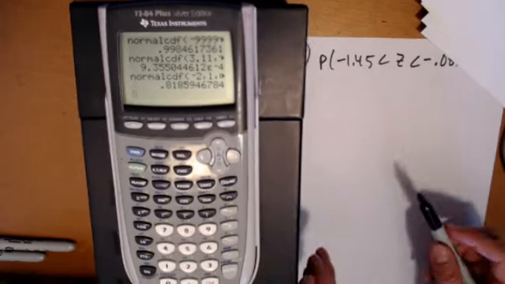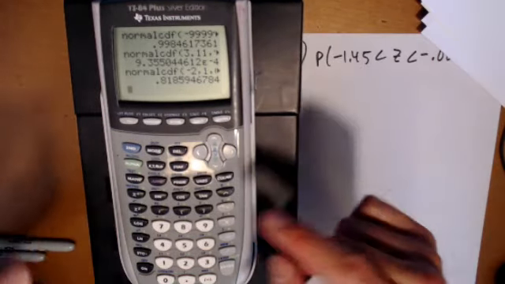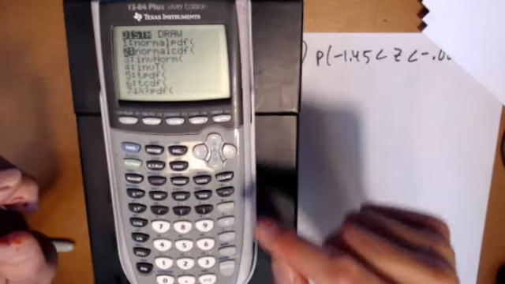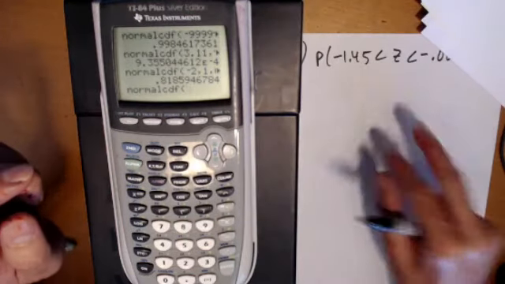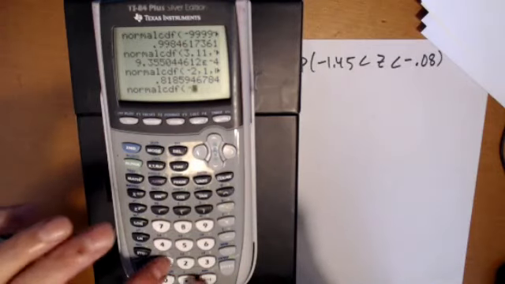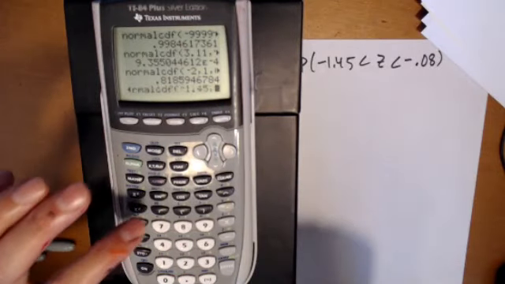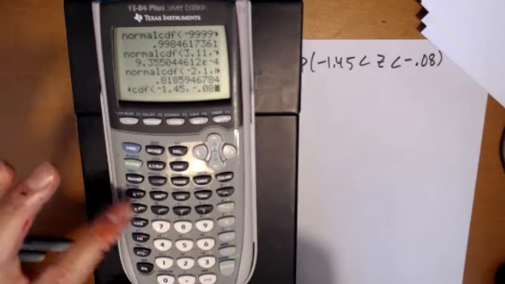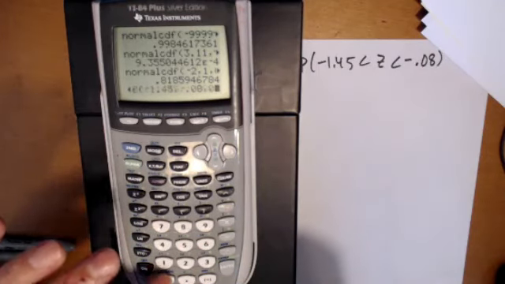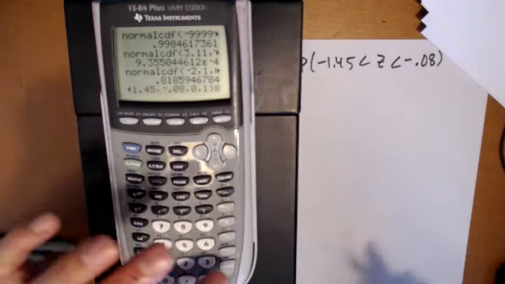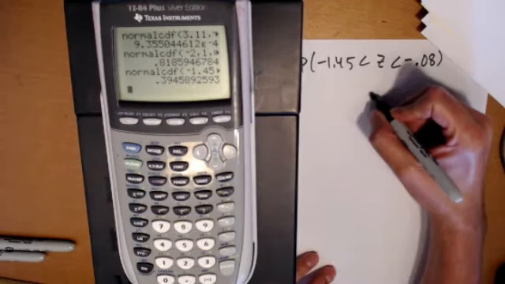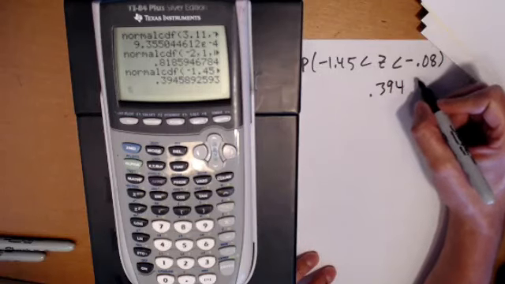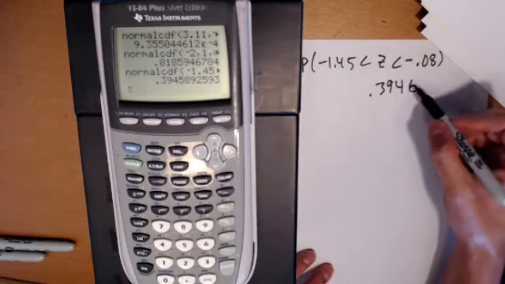I'm so fancy at this point, I don't need to draw a picture. You should draw a picture, though. Okay, distribution, normal CDF, enter, negative 1.45, comma, negative 0.08, don't lose that 0, comma, 0, comma, 1, enter, 0.3946, rounded to the 4th place.